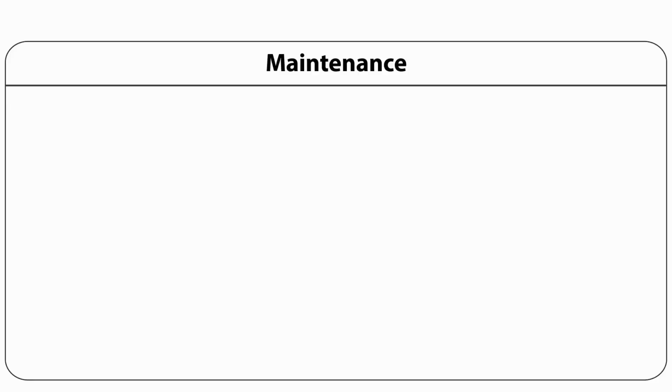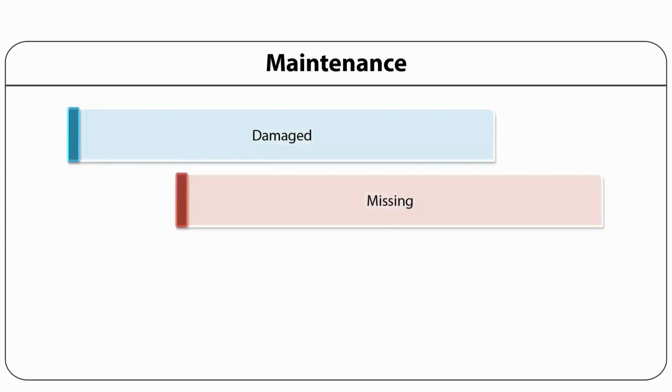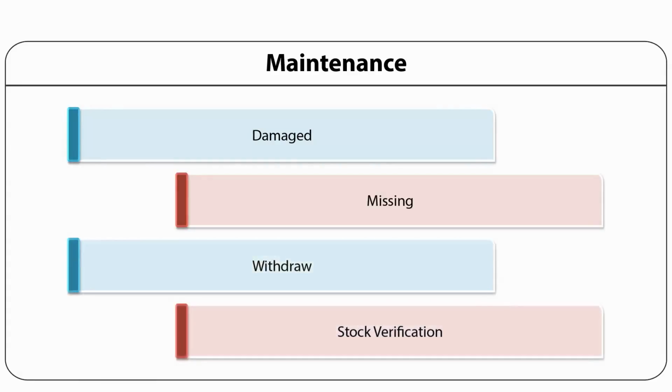Maintenance. This submodule is generally part of the circulation module for recording information about the lost documents as well as documents sent for binding, damaged documents, missing documents, and the documents which were withdrawn from a library. The functions of this submodule include the following. Number 1, lost.